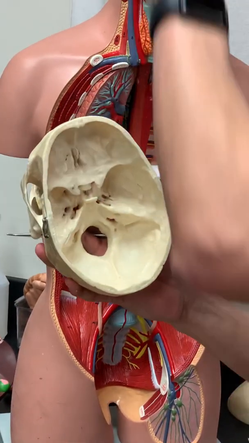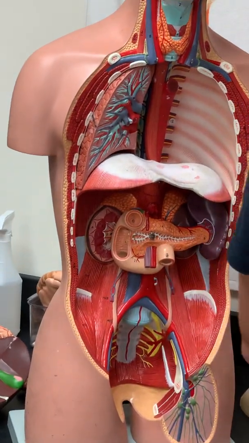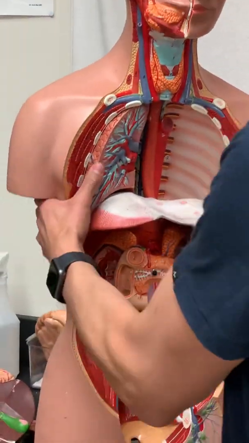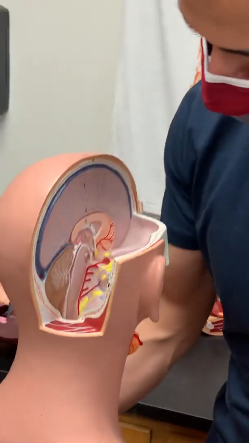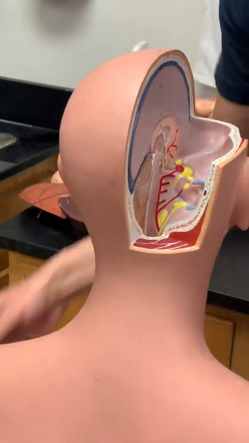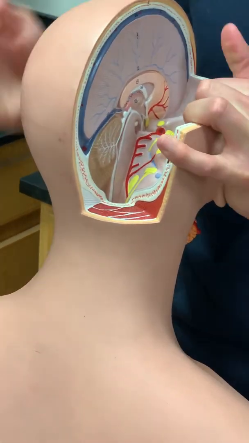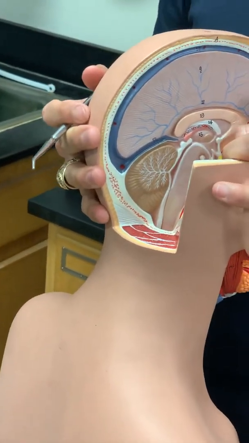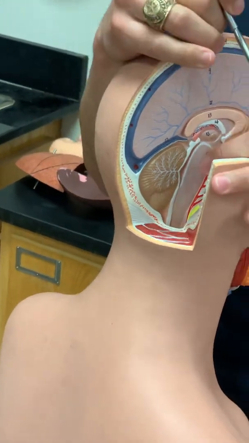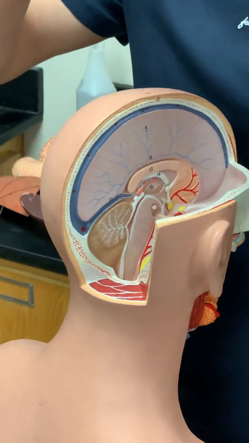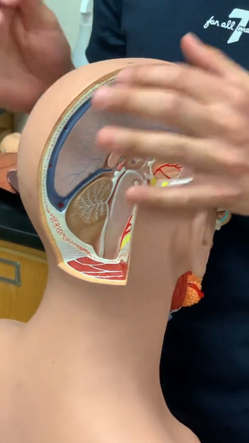So the internal carotid goes in, and then put this guy down. You see the internal carotid artery right here. And the internal carotid artery branches and helps to form what's known as the circle of Willis.